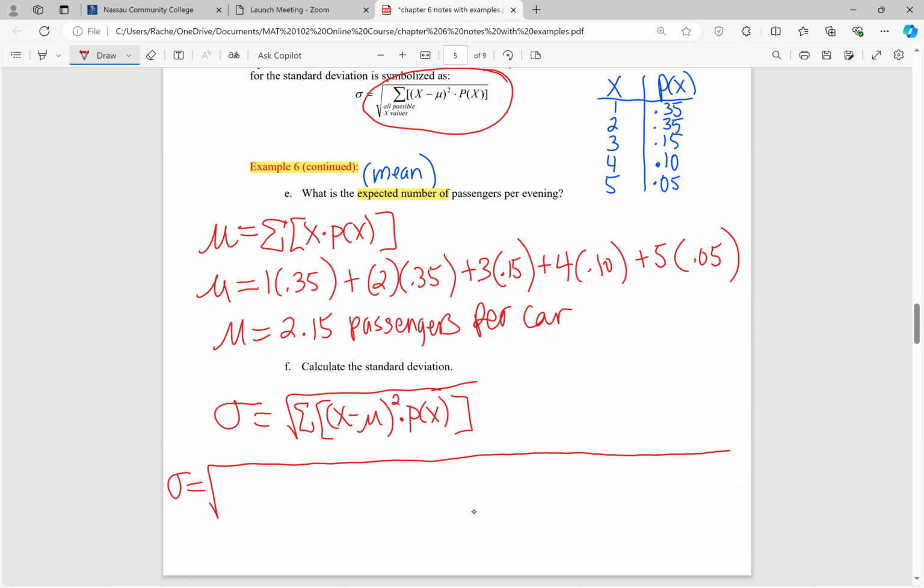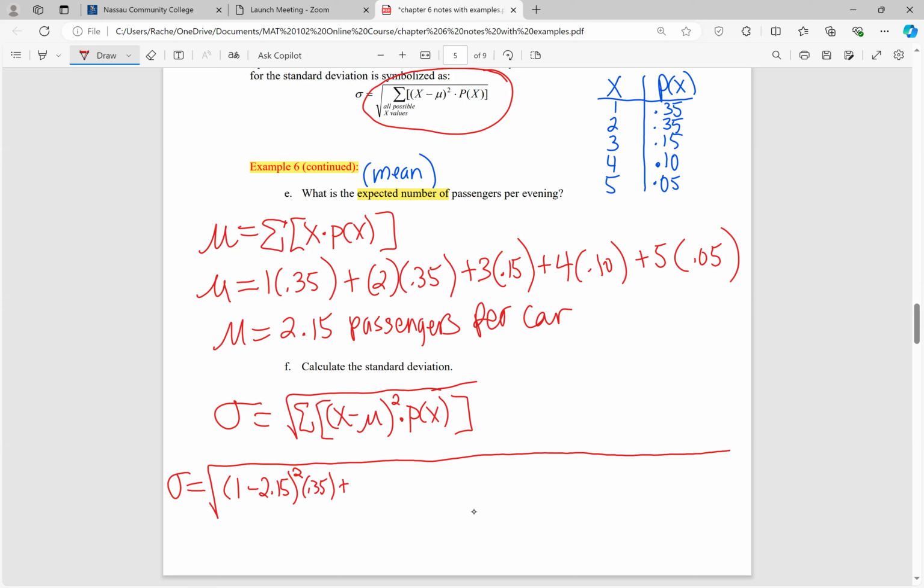We have to do that 5 times, for the 5 different values. So first, we're going to take 1, and we're going to subtract mu, which is 2.15. We calculated that in the step above. We square it and multiply it by the probability of x, and x is 1 in this case, and that's 0.35.